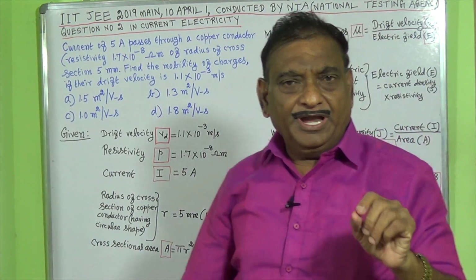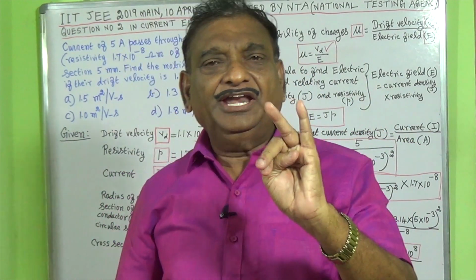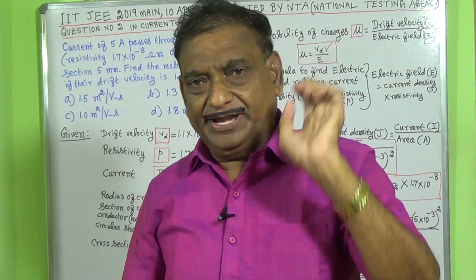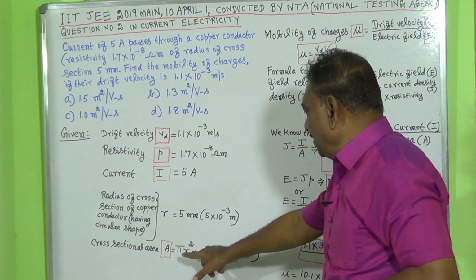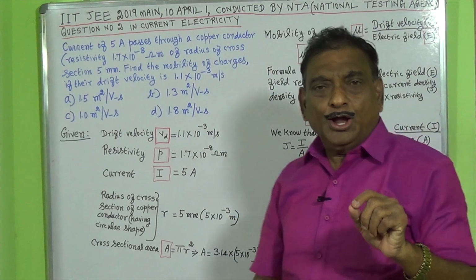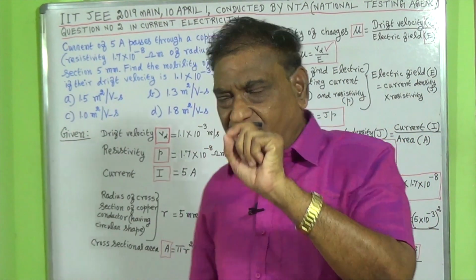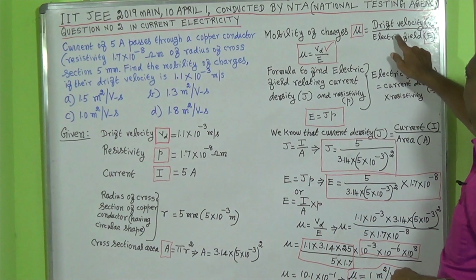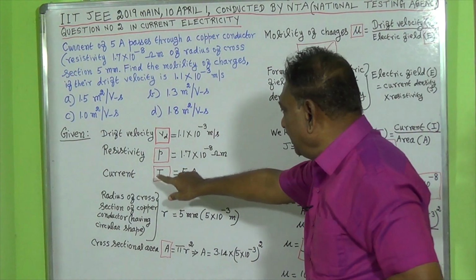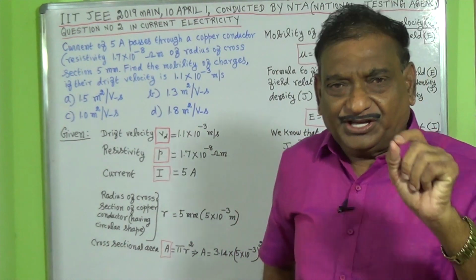In the sum, drift velocity, resistivity, current and radius have been provided. From the radius, we can find the cross-sectional area of the conductor. The formula to find the mobility is drift velocity by electric field. The drift velocity is provided in the sum, so it is enough to find the electric field.